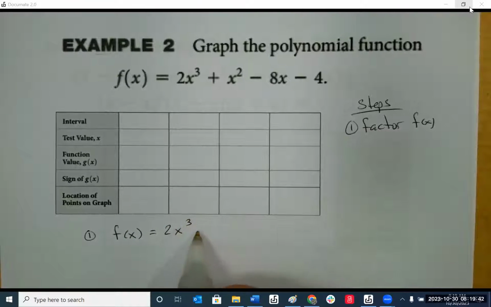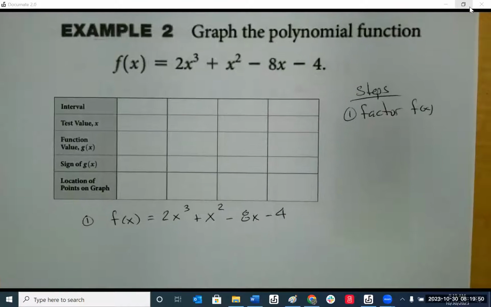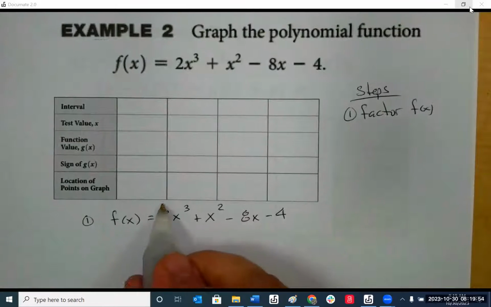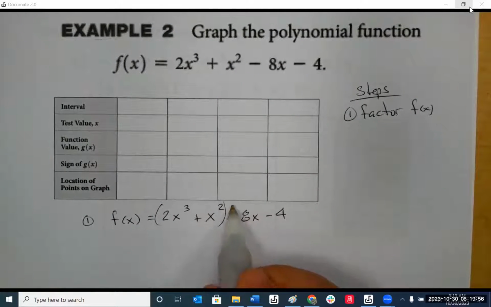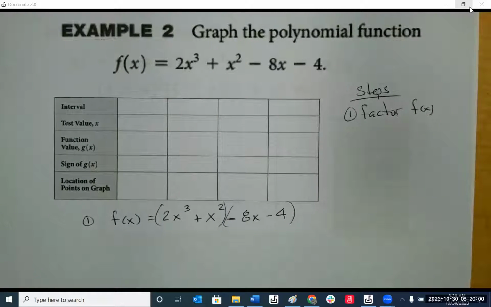Since we have 4 terms, at this stage of the game, we only know one method, the grouping method. So we put parentheses in the first 2, and the second, since the negative sign's inside there, we have to include it in the parentheses. Now we look at what they have in common, factor out both parentheses.